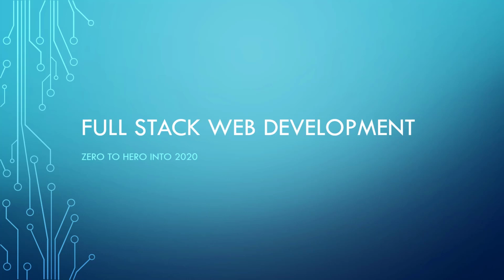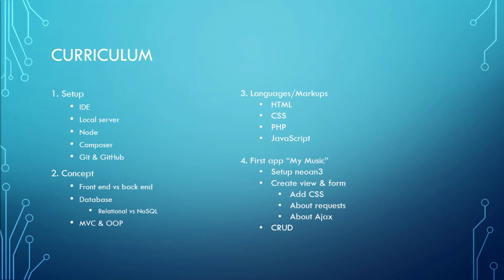What we want to talk about today, just to remind you of the curriculum that we're going through: today we are in number 2, concept, and this video will basically talk about the front-end and back-end, what that means.